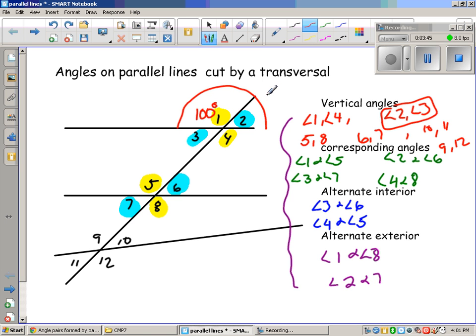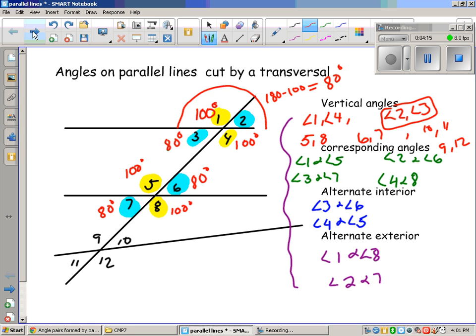And angle 2 must be 180 minus 100, and that equals 80 degrees. So angle 3 is 80 degrees, angle 6 is 80 degrees, angle 7 is 80 degrees, angle 5 is 100 degrees, angle 8 is 100 degrees, angle 4 is 100 degrees. So you know what all those angles are.